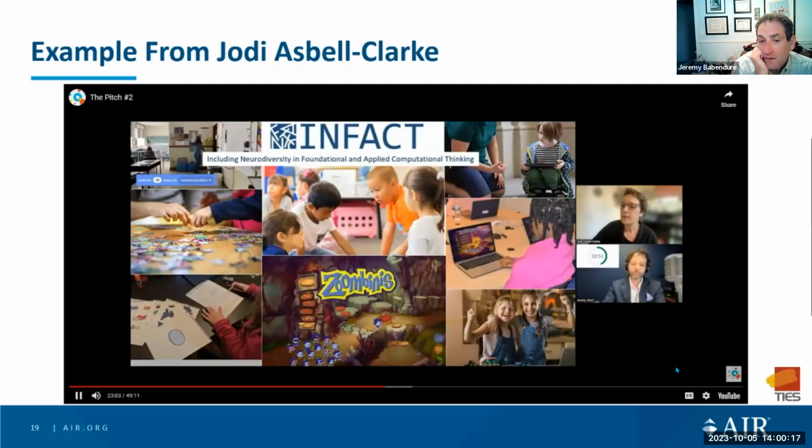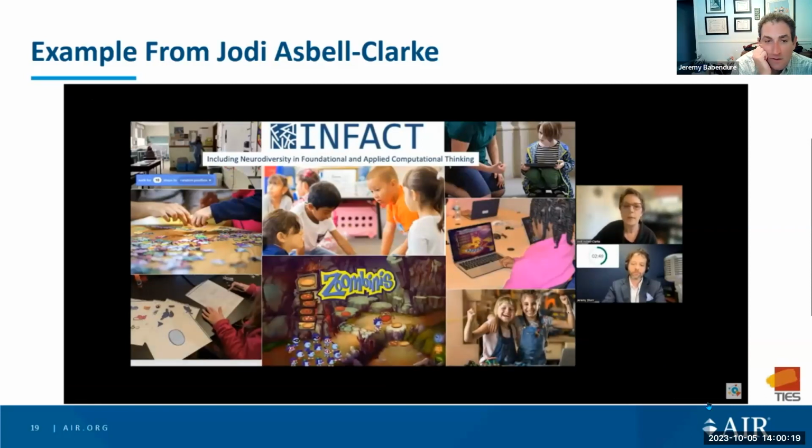We spent the last 3.5 years expanding our materials for grades 3 through 8 to look at robotics, gaming, coding, and offline activities to build this foundational understanding and applications of computational thinking.